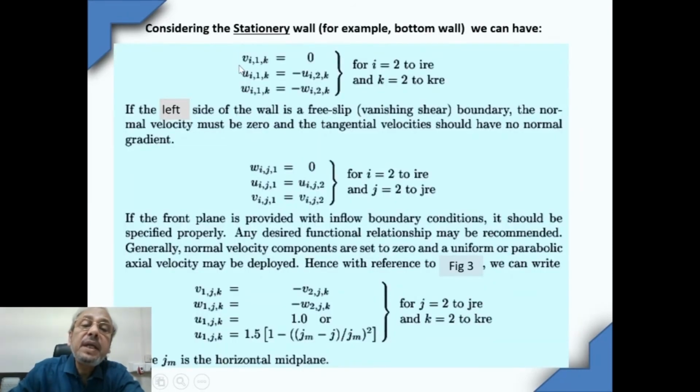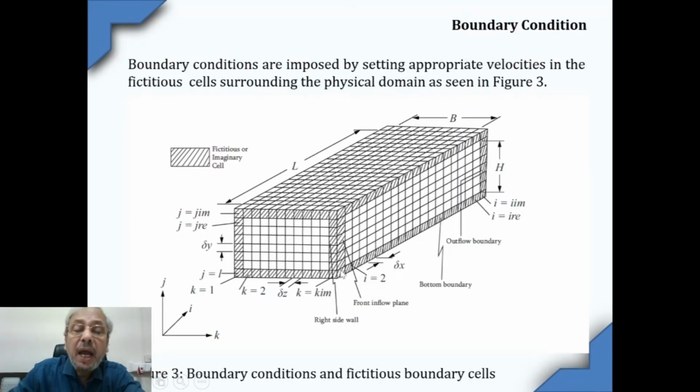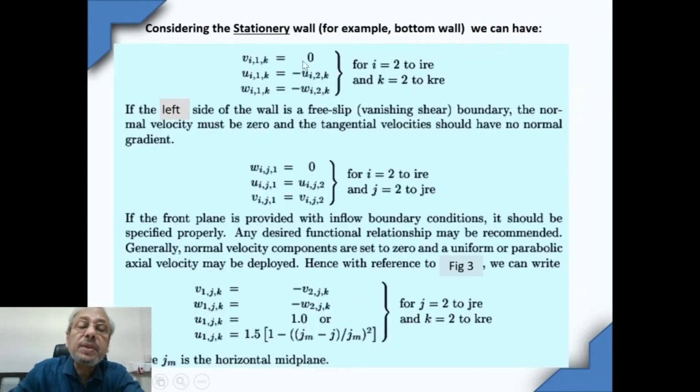We have defined Vi1k, this is a normal component of velocity, and I equal to 2 to IRE, k equal to 2 to KRE, we will vary, and all V velocities, if you imagine the bottommost layer of cells, all V velocities are falling directly on the bottom plane, so we can set them equal to 0.